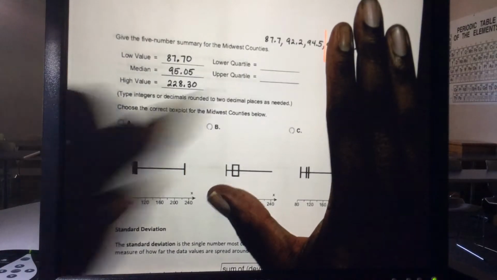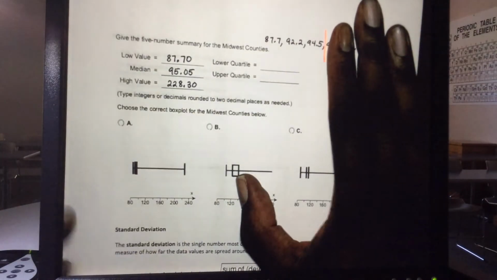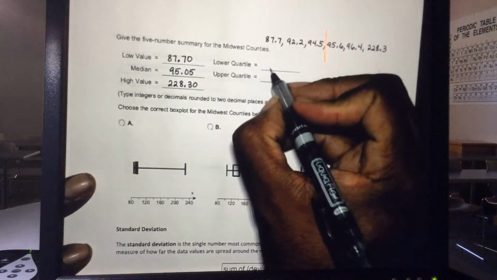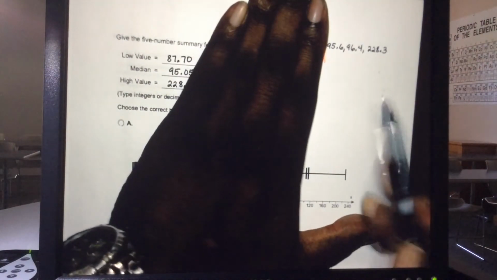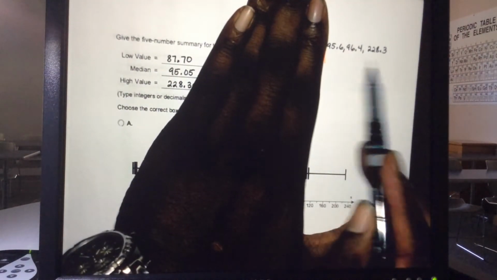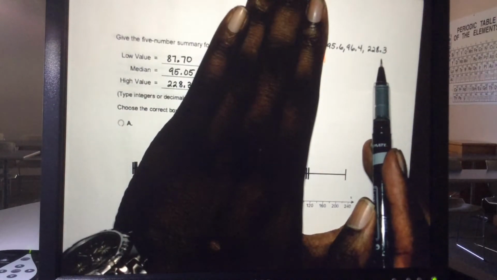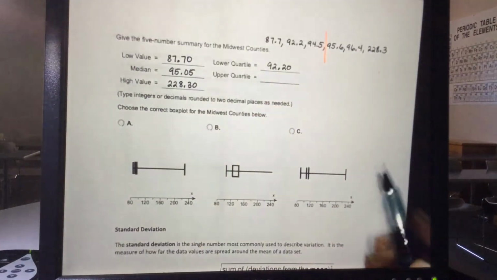In this case, it's going to be 92.2. And then for the upper quartile, this is the upper end. Let's find out what the median is, or that middle number. It's going to be 96.4.